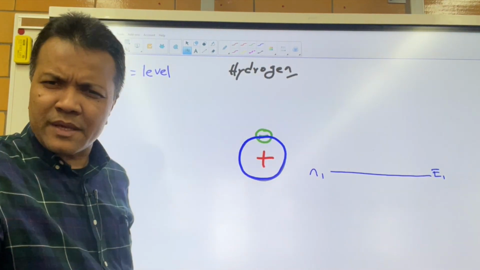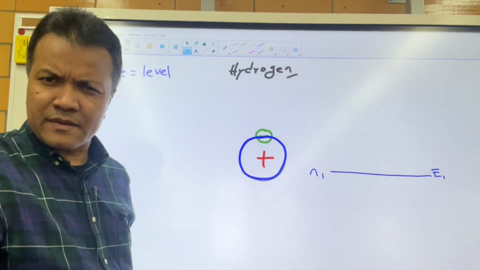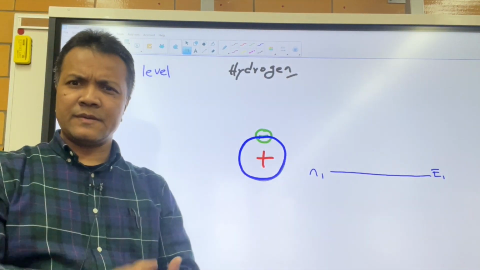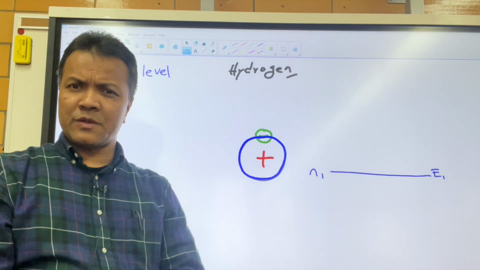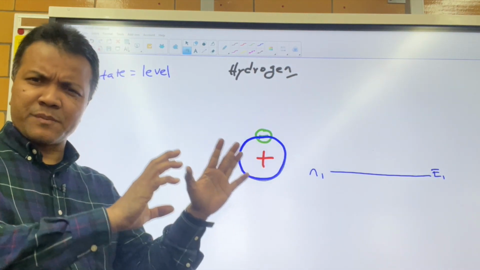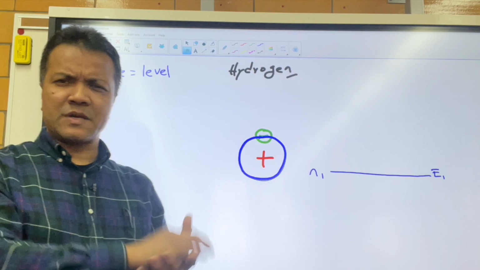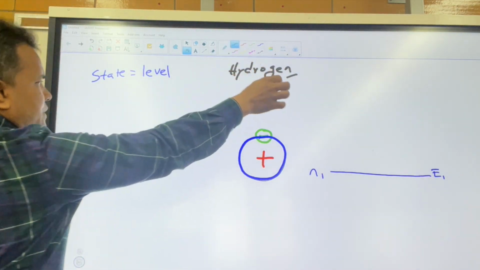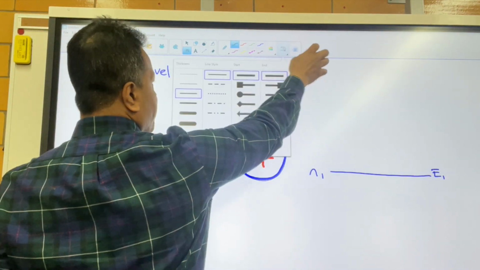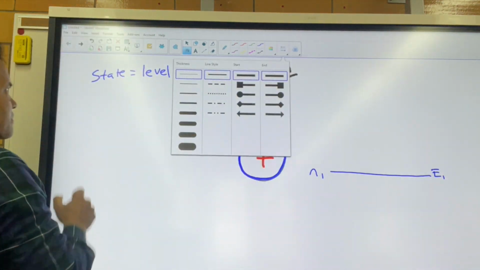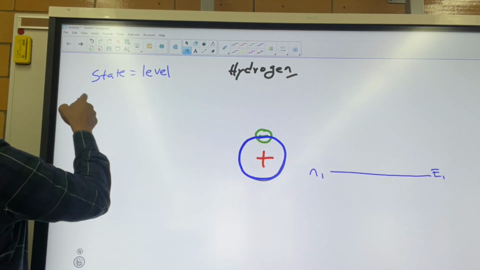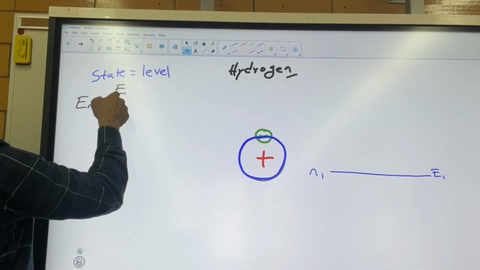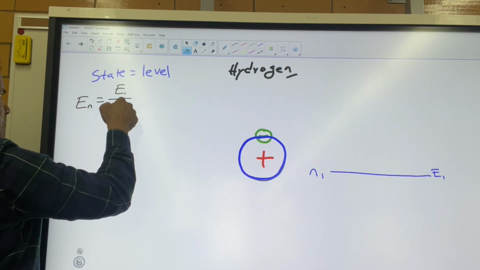Now you're probably thinking, is it a number? Well, it is. Now you probably want to know how we can calculate this number. Well, this is how you can calculate it. We're going to start with an equation. En is equal to, of course, E1 over R squared.